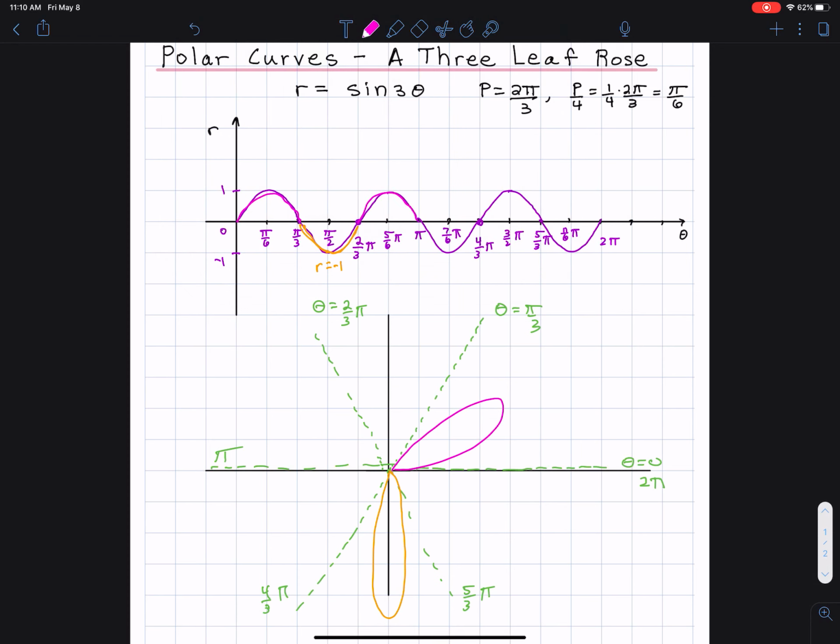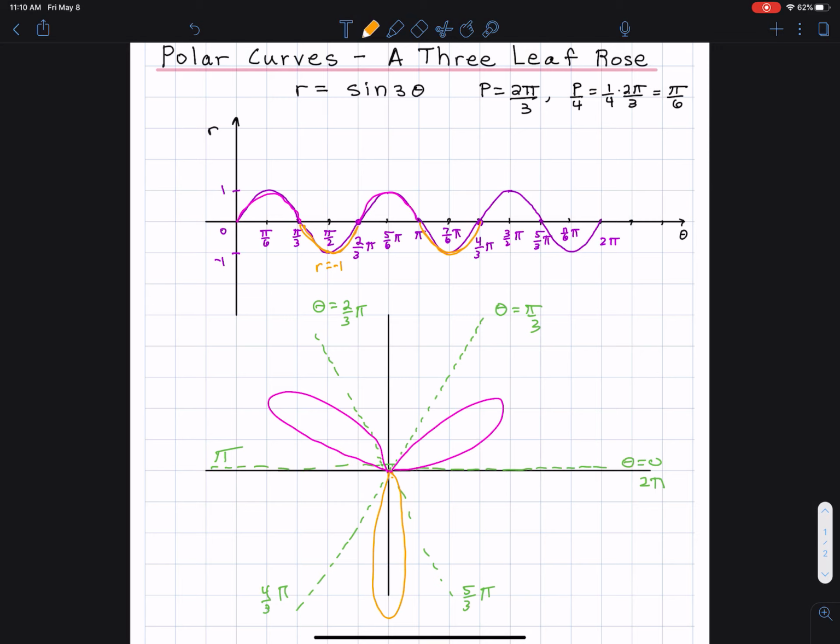Between 2/3 pi and pi, I'm going to get this next one, sort of close in size to the others. All right. Then I'm going to get from pi to 4/3 pi. Hold on. I think I did that one wrong. Okay, sorry.